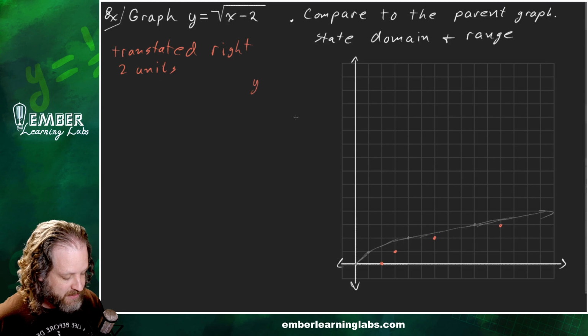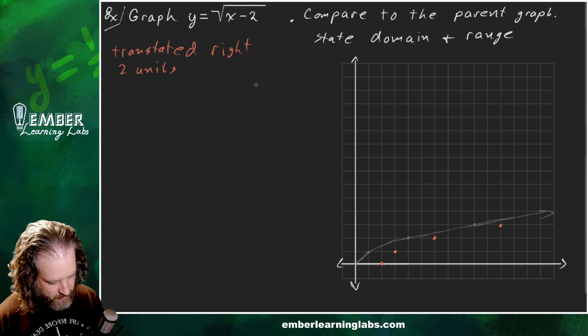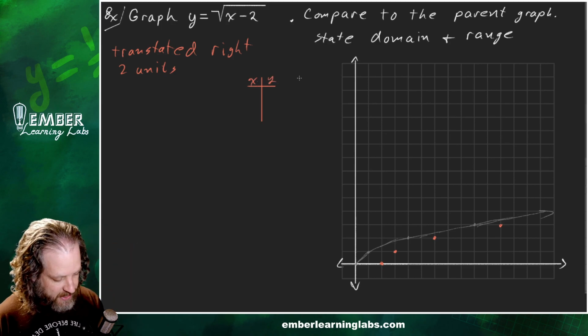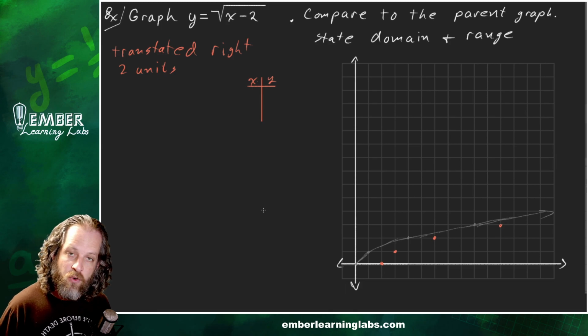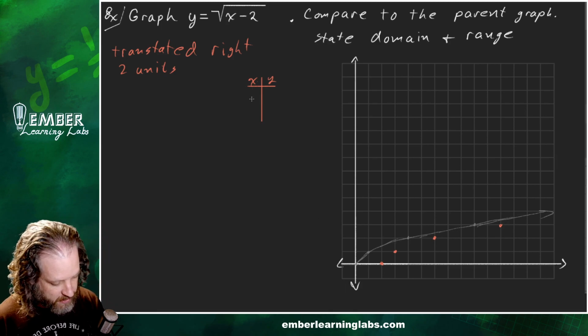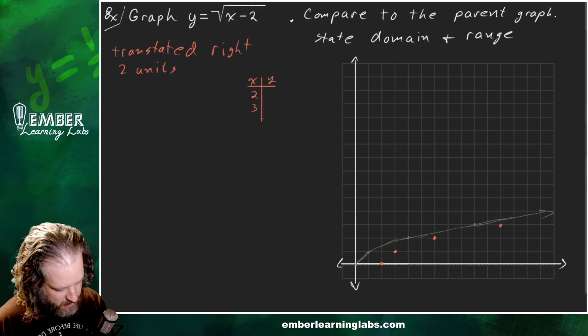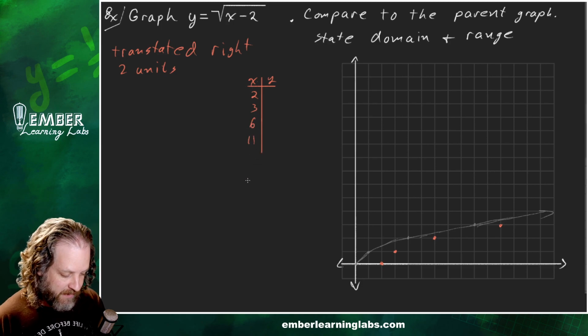So let's do a little checking, X and Y. So we're going to plug in, instead of plugging in 0, 1, 4, 9, let's plug in 2 and 3 and 6 and 11, right?